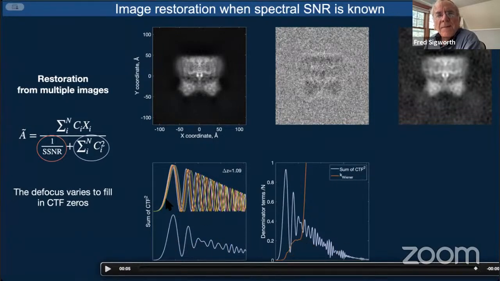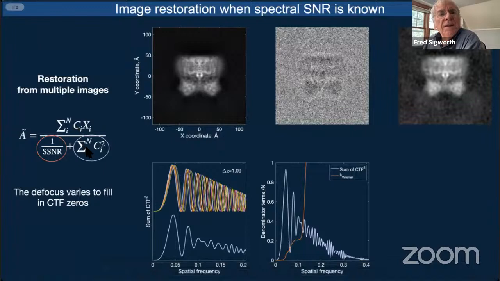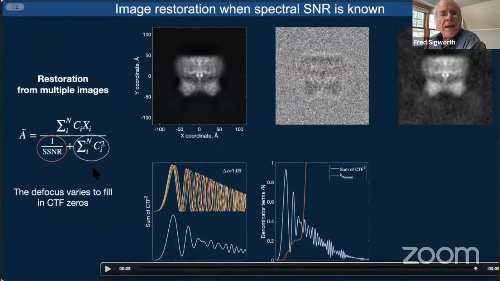And relative to the CTF squared, this K Wiener, this term, starts to get smaller. And as the red term gets relatively smaller, then we're getting closer and closer to doing a good deconvolution.